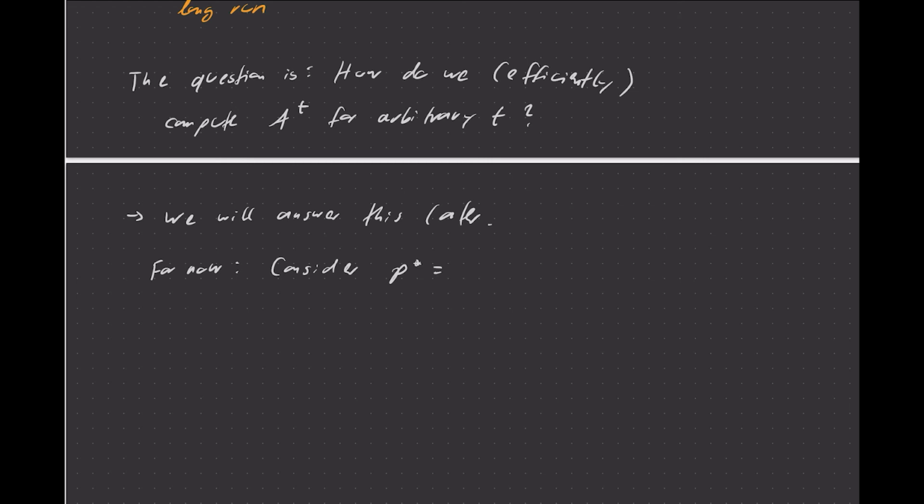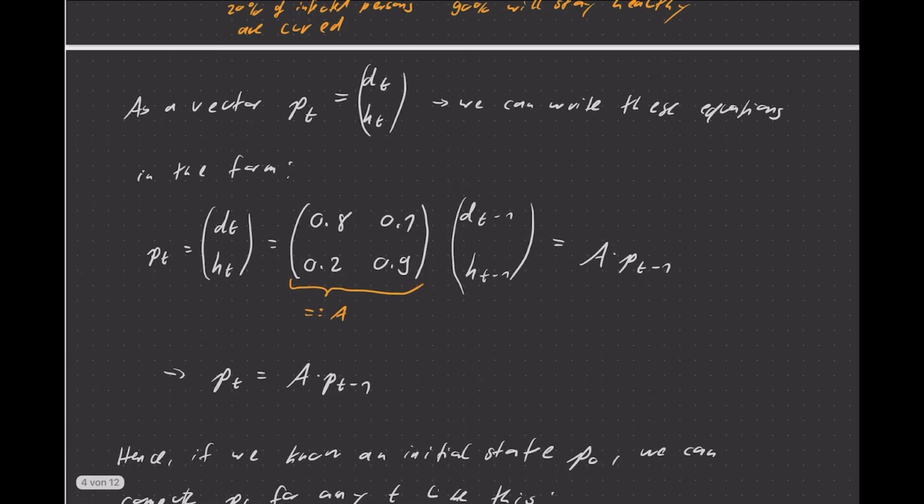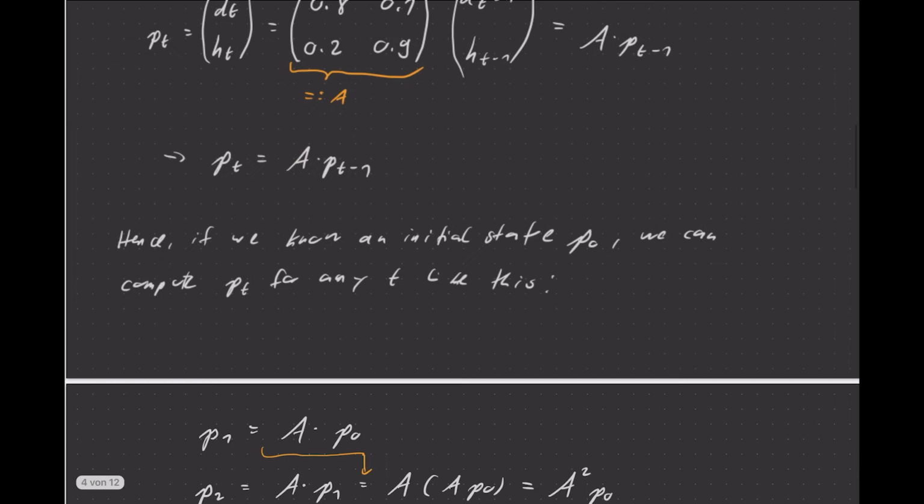And let's say we have a state of 1/3, 2/3. So 1/3 of the population is in state number 1. That means, if you look at the vector again, state number 1 are the infected people. State number 2 are the healthy people. So 1/3 is infected, 2/3 are not.